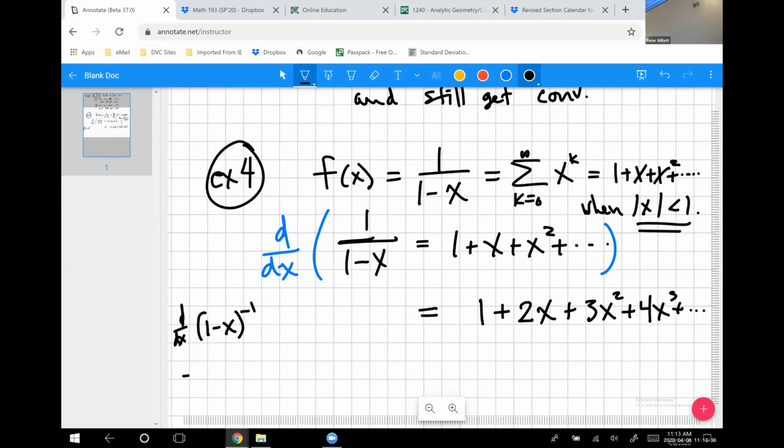Then the -1 would come out front. 1 minus x to the -2 power. But then the derivative of the inside would pop out by the chain rule, which is just -1. And then those little -1s would cancel. So what I get, when I take the derivative of this, I get 1 over 1 minus x squared.